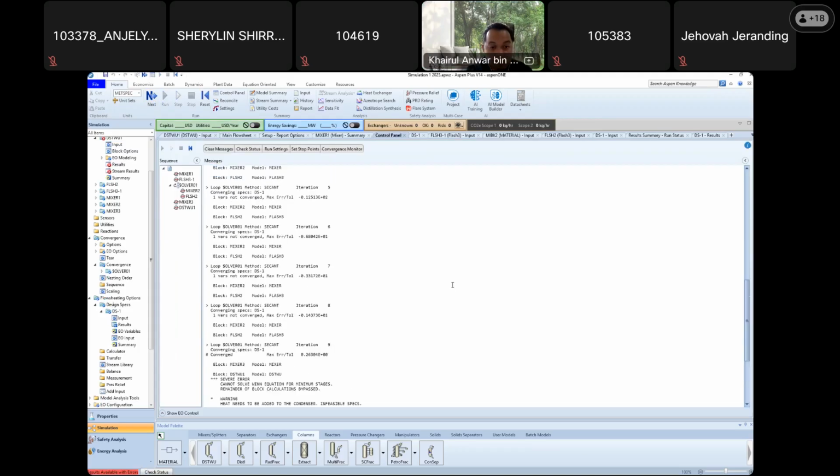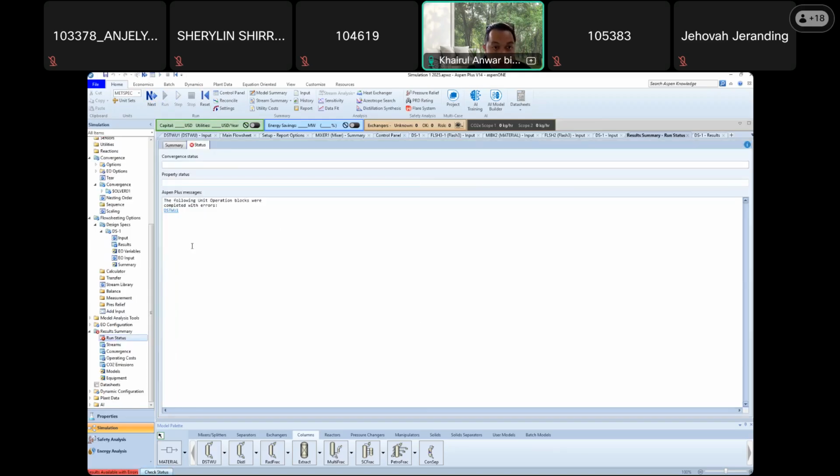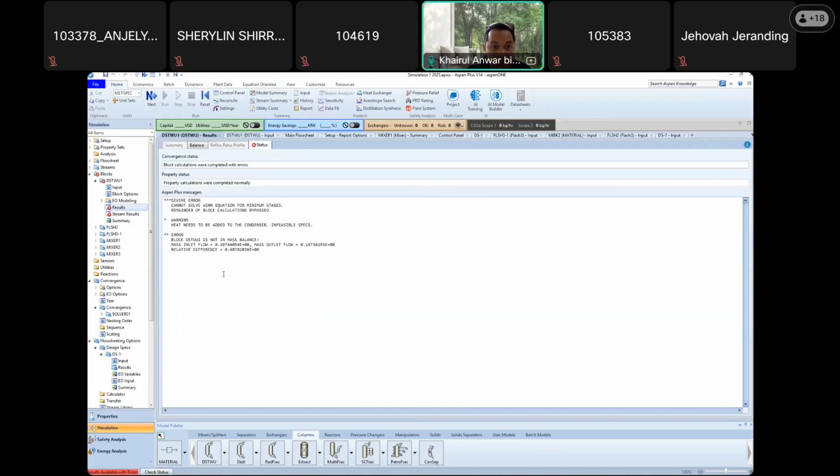So we get a warning. The warning is lots of equations for minimum stages. Remainder of block calculation bypassed. Inconsistent free-water setting.